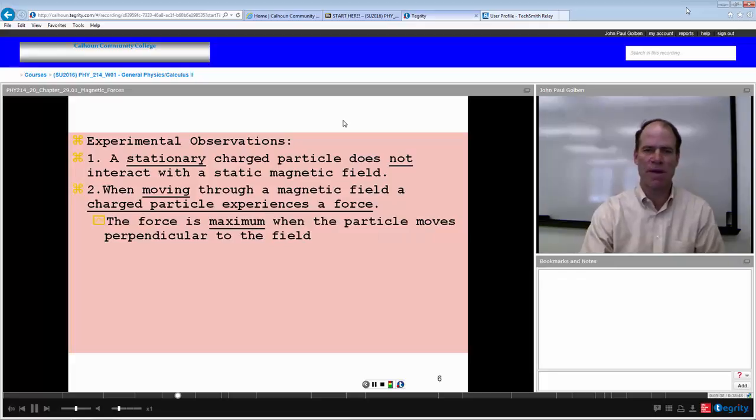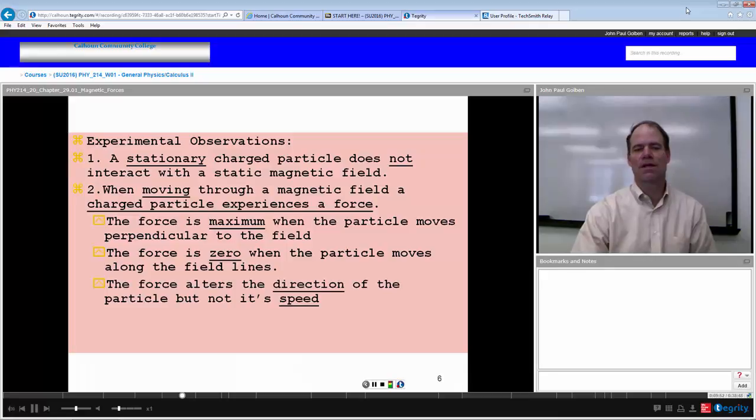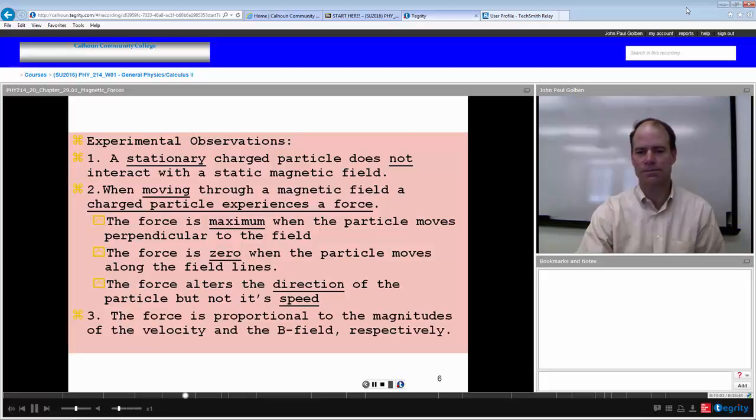The force will be maximum when the particle moves perpendicular to the field, and minimum, or zero, when the particle actually moves along the field lines, either parallel or anti-parallel to the magnetic field lines. The force will alter the direction of motion of the particle but not its speed, because the force will always be perpendicular to the velocity of the particle.